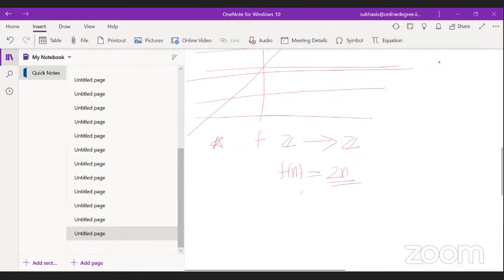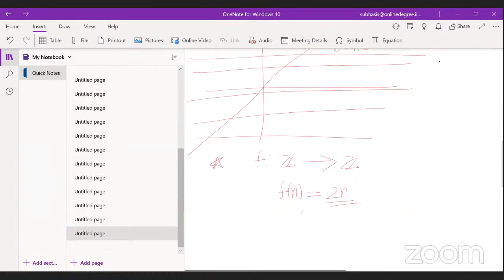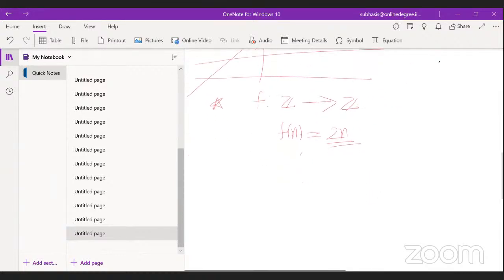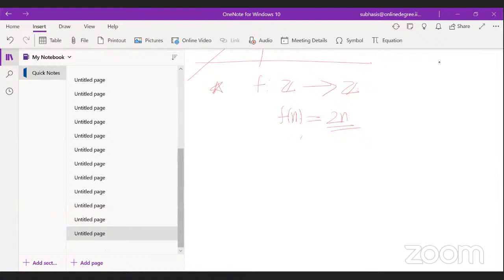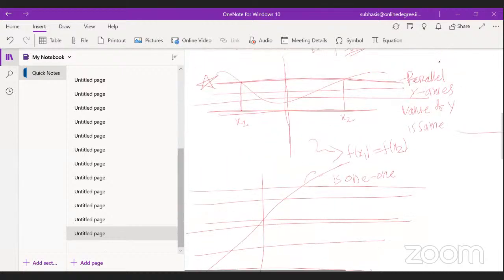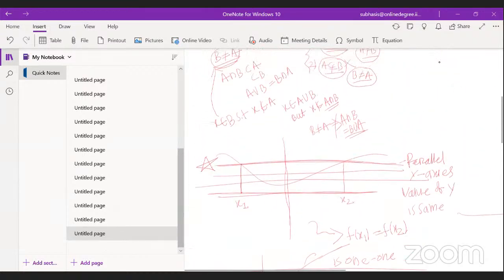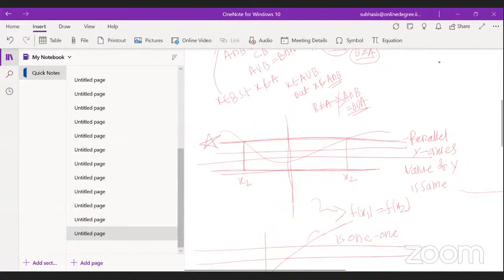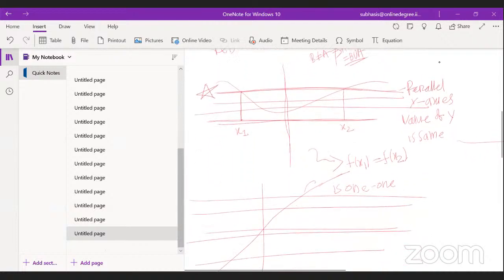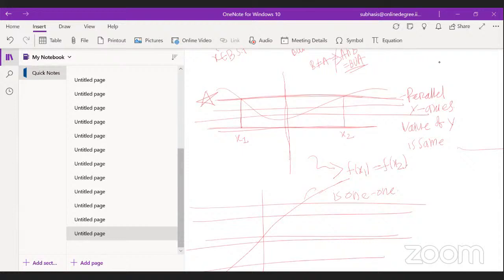Then if you try to draw the graph, it is completely unnecessary for this particular question to check whether this function is onto or not. So for some questions you can apply this method, but you cannot apply the same method for all questions. For different questions you have to apply different ideas, and that you can only get when you solve more questions. Where do we get the questions?